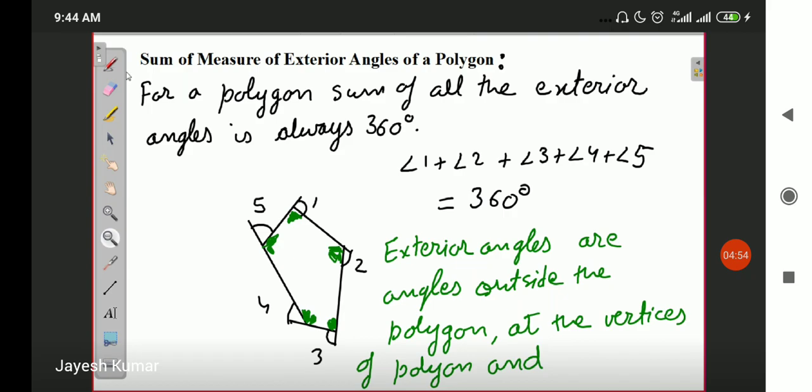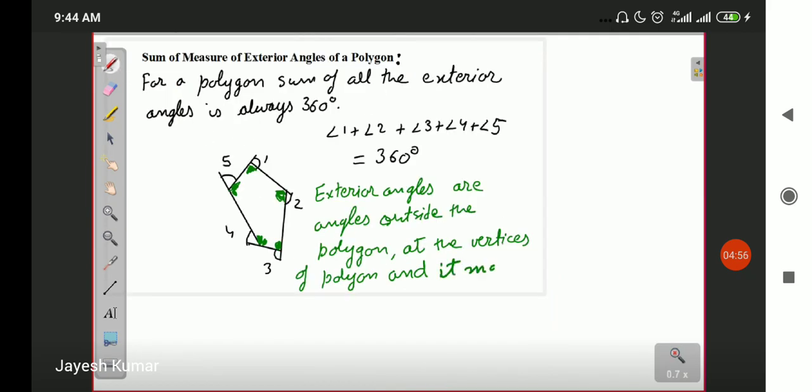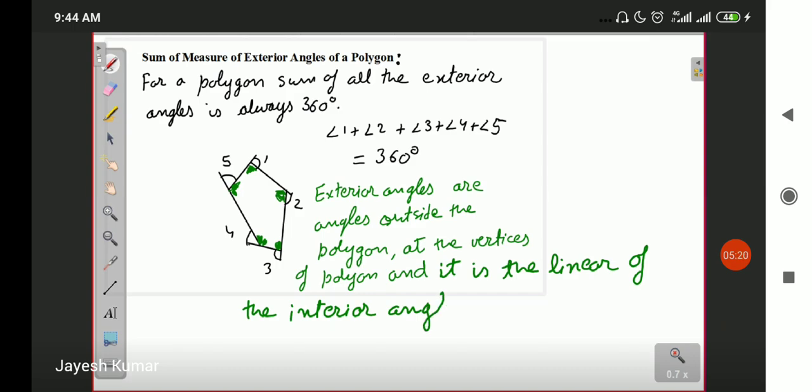and it is the linear pair of the interior angle at the same vertex.